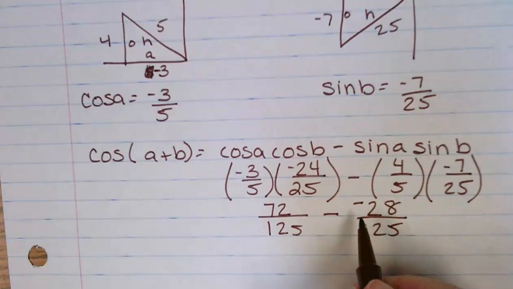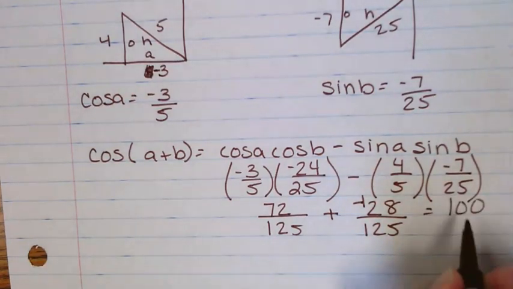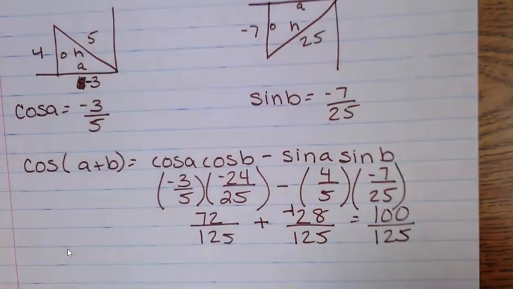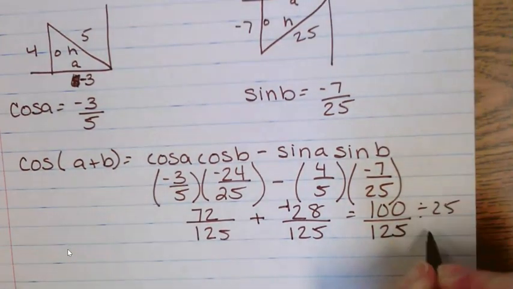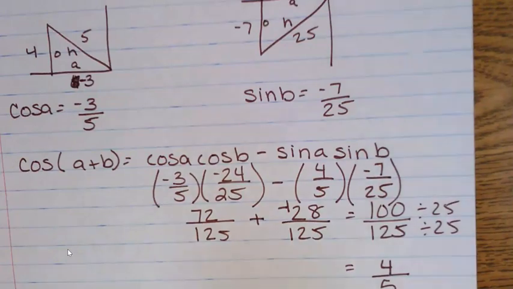So again, here we have two negatives, so plus plus. And I get 100 over 125. We can reduce this by 25. So that's 4 over 5. That is your final answer.